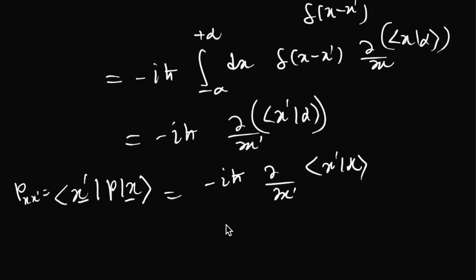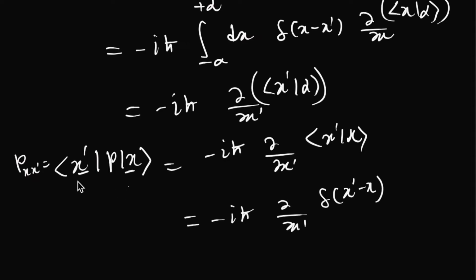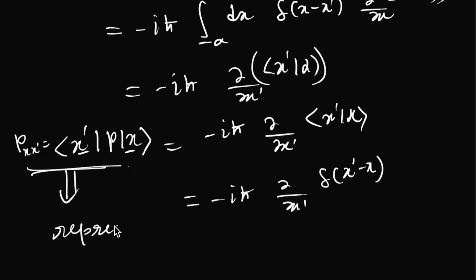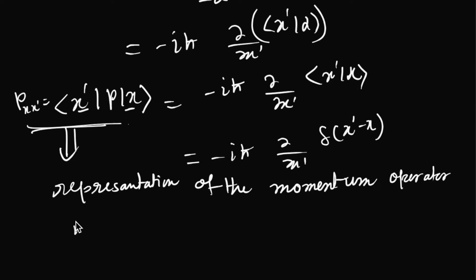Again from the orthonormality condition, we know that it is minus i h cut del x prime delta of x prime minus x. So this is the representation of the momentum operator in the position basis.